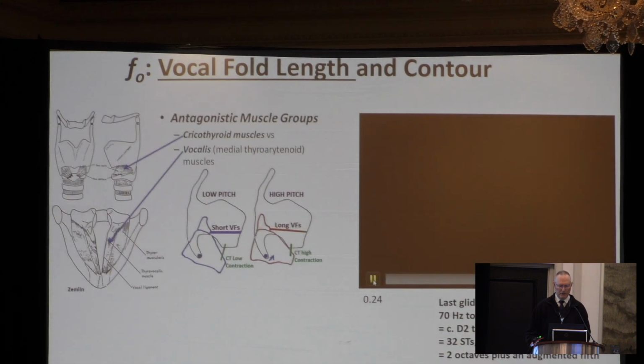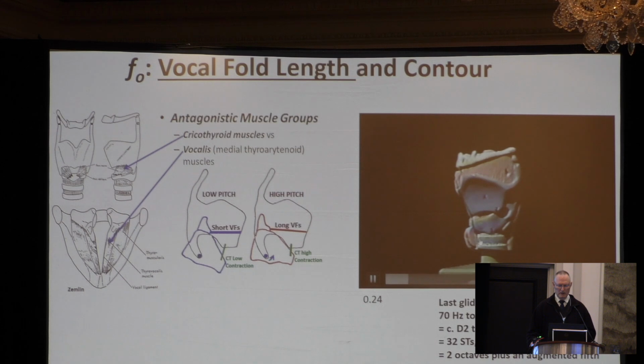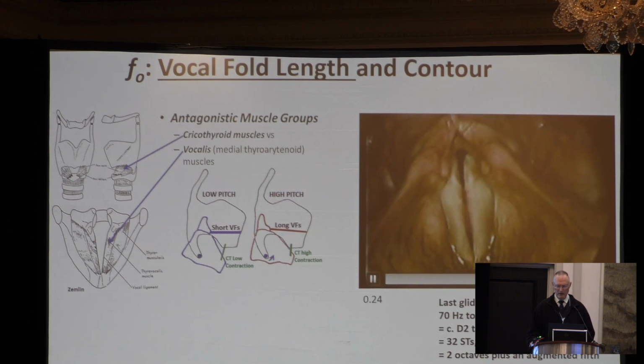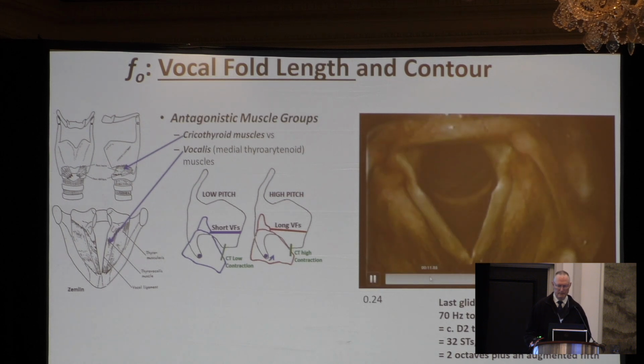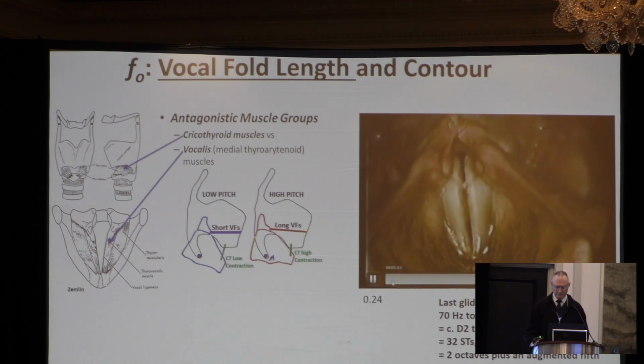So here's an example of that elongation with pitch rise. You have this cricothyroid muscle here, and then we can take a look at it.